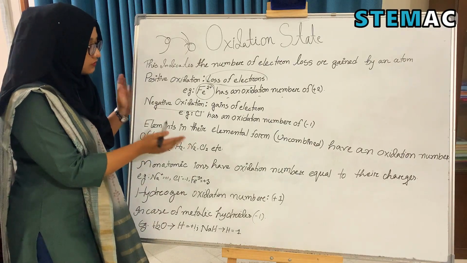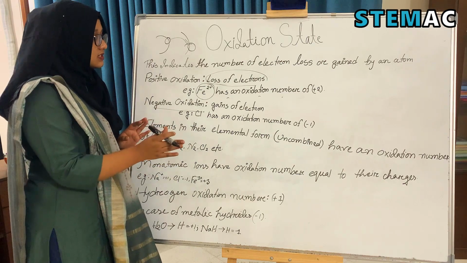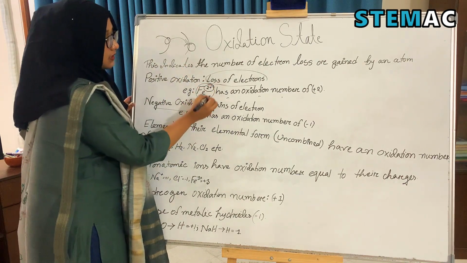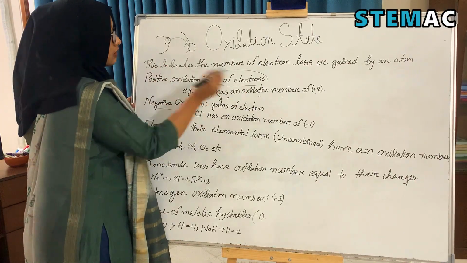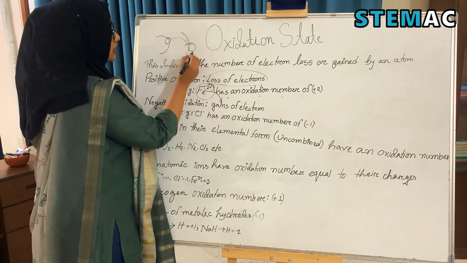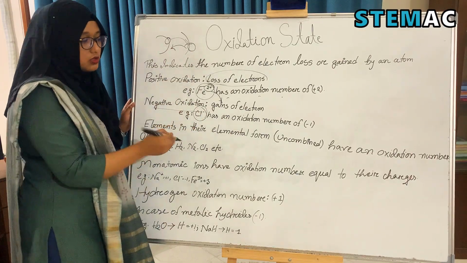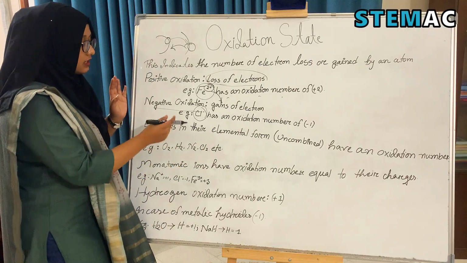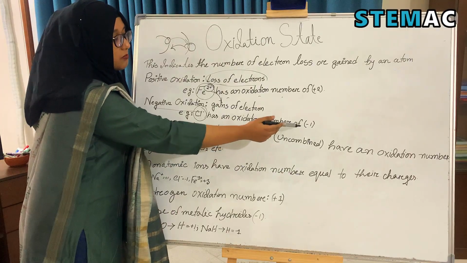And in the case of negative oxidation, it is the gain of electrons. Those 2 electrons from iron 2 plus go to a new molecule, whose oxidation number is negative. For example, chlorine has an oxidation number of -1.